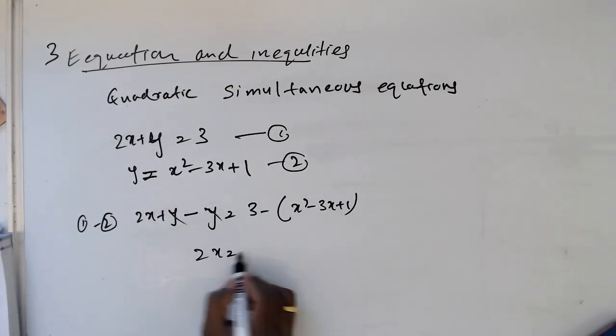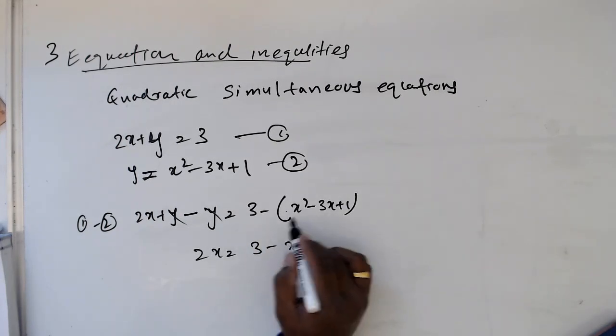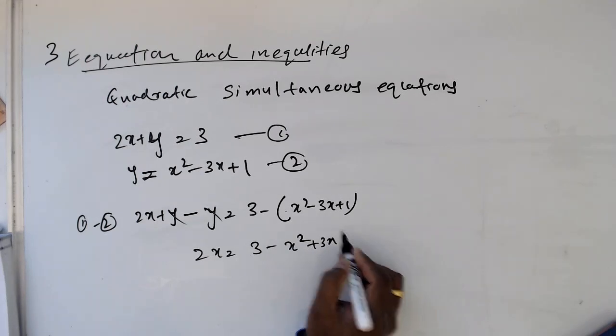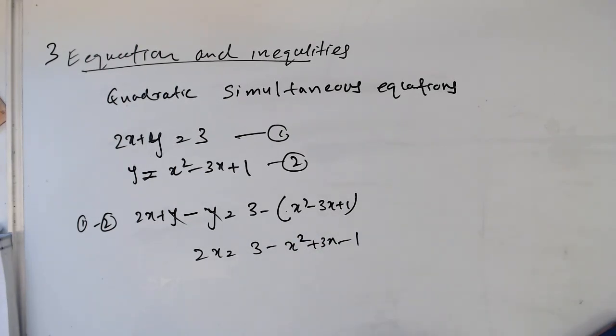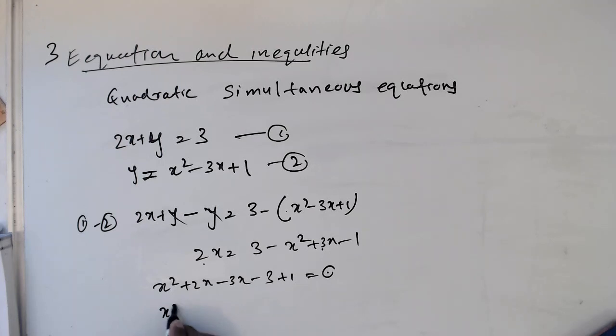So 2x equal 3 minus x square, minus times plus 3x, and this is minus 1. So I'll bring everything to the left side. So x square plus 2x here, minus 3x from the other side, and minus 3 here, and plus 1 I bring to this side. So x square minus x minus 2 equal 0.